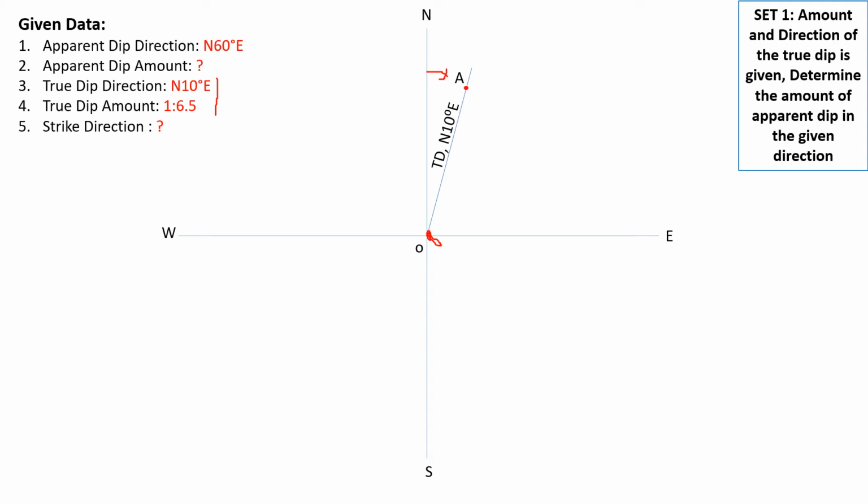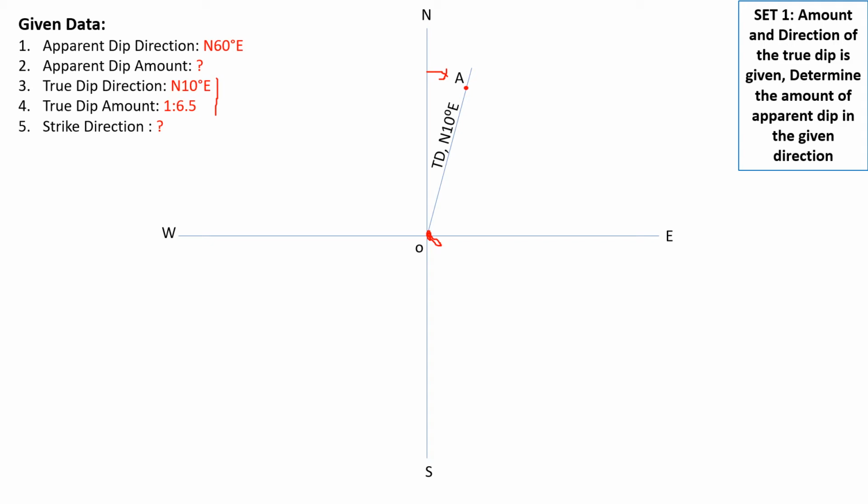We don't have the amount for the apparent dip, and we have only the direction. So let us first complete whatever comes with the true dip. I already told in the first slide that the relation between the true dip and the strike line is that they are perpendicular to each other.